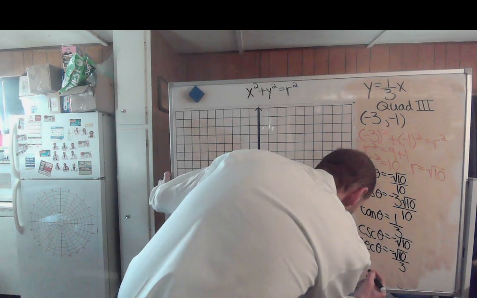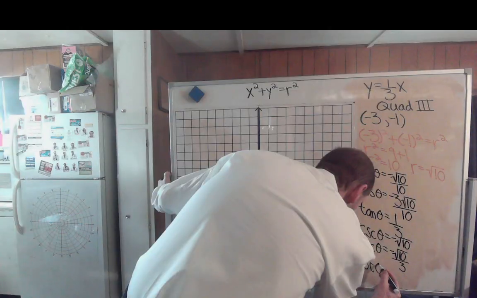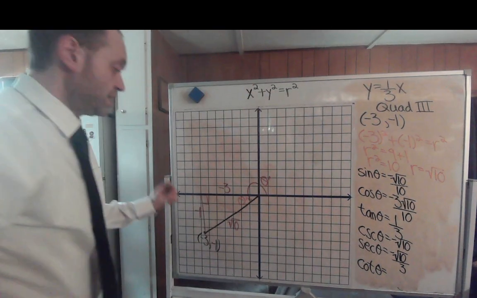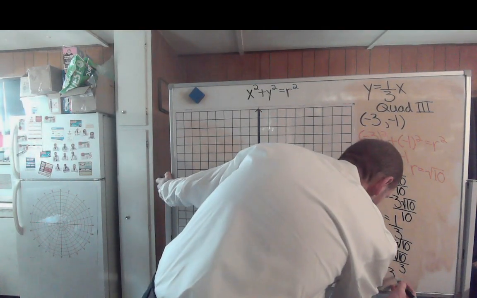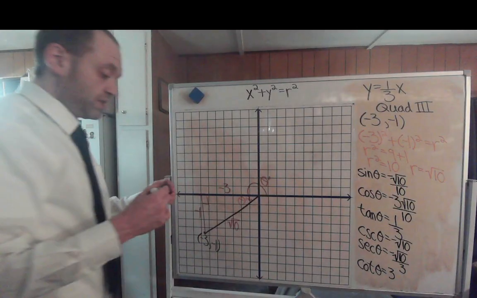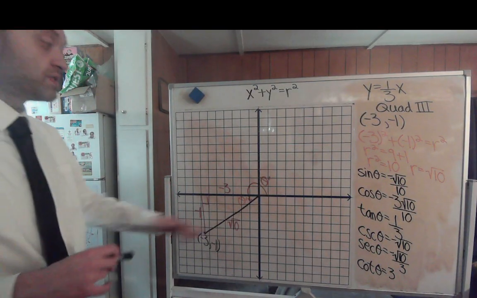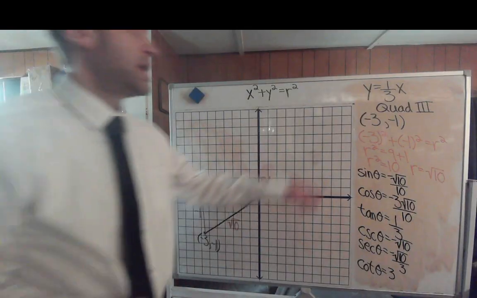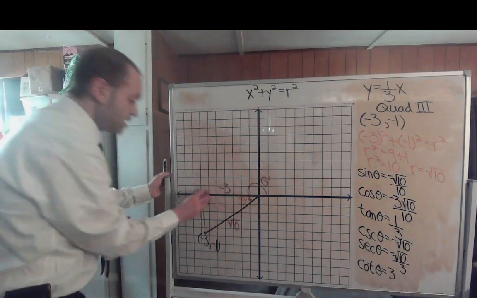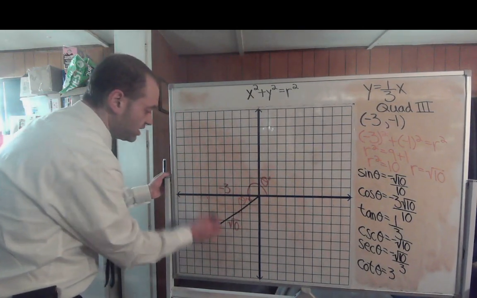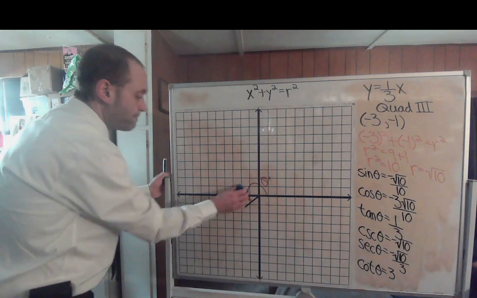So the cotangent of theta equals adjacent over opposite. -3 over -1 gives you positive 3. So there are your 6 trig values for this particular angle formed by the line y equals 1/3 x in the third quadrant. Now I got 2 more, they're just marginally tougher, but not really.